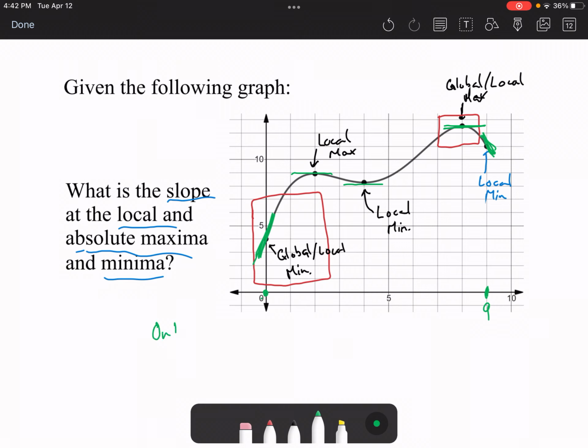So on the inside, the slope of a maximum or minimum of any type is 0.